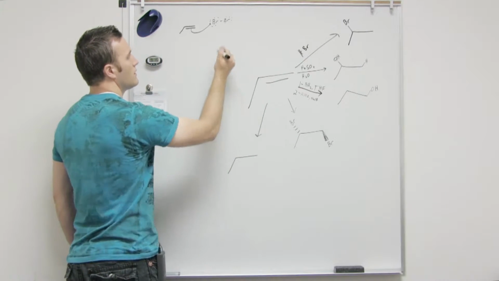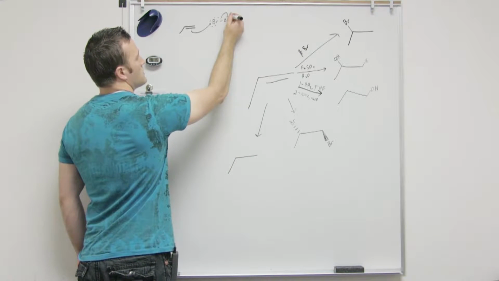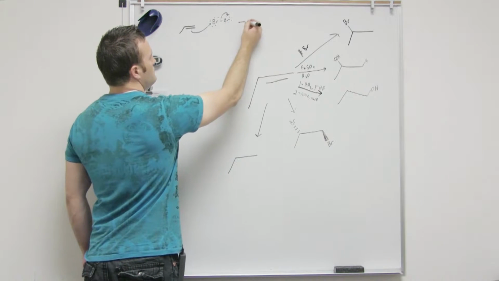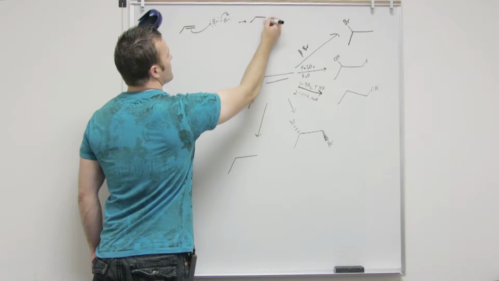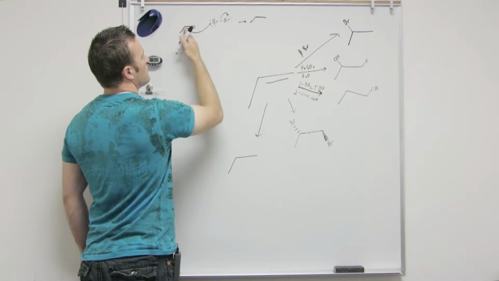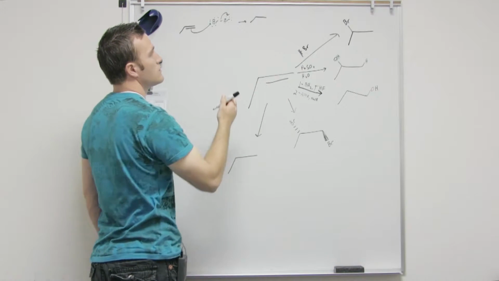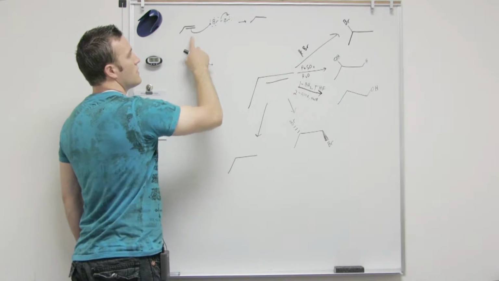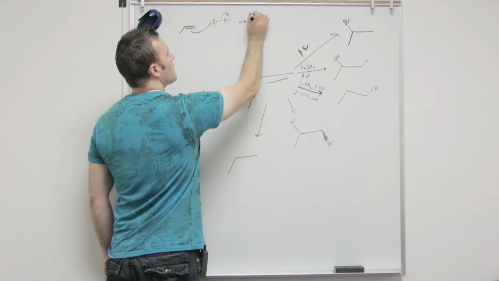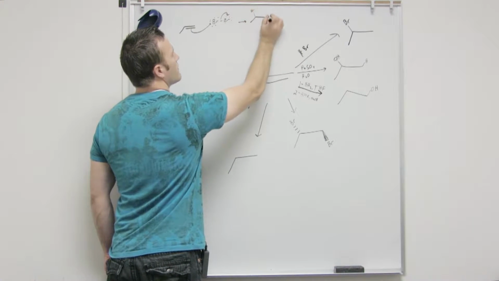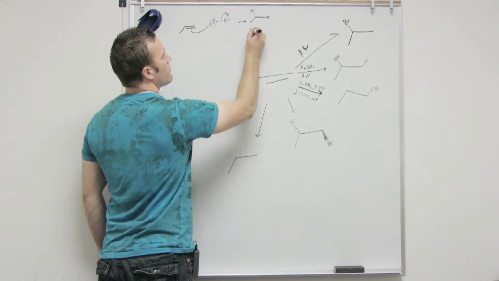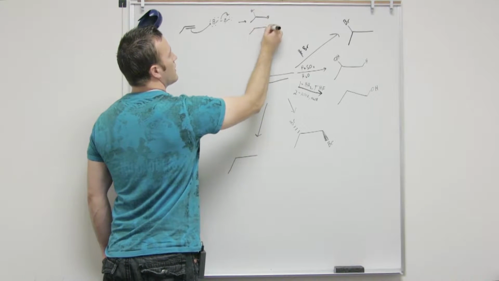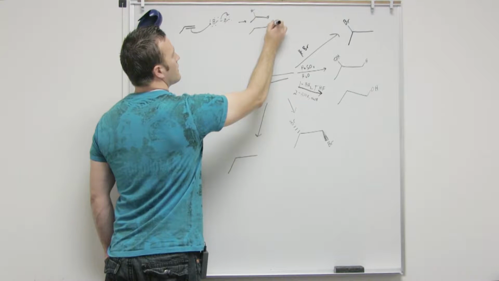Yep. And the bromine's going to break its bond to its partner bromine. Where's the bromine going to go? Is it in between the two, like a little triangle? You're saying it would be here? Well, if we put it here, we'd have a carbocation there, right? If we put it here, you have a carbocation.